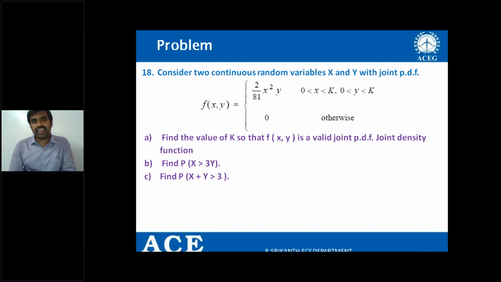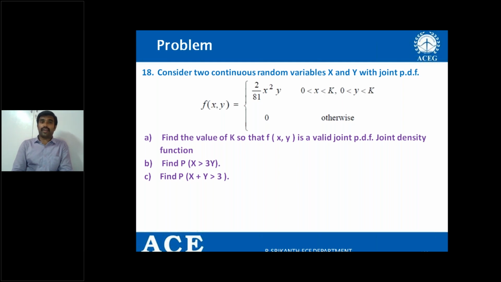Find the value of k so that the given function is a valid joint density function, right? And also find the probability of x greater than 3y. Similarly, find the probability of x plus y greater than 3.